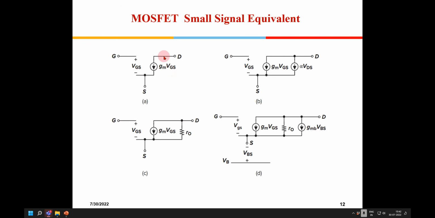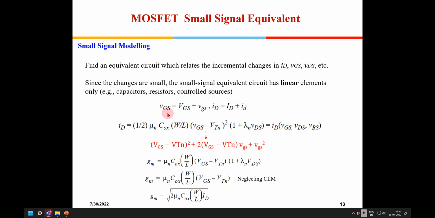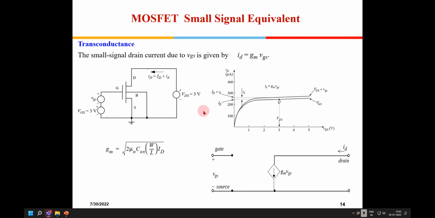Let me first derive the equation for this, and then we will come to these diagrams. Now VGS is actually capital VGS, which is the bias voltage which we give, plus a small voltage which is the small signal. I will show you one more diagram.